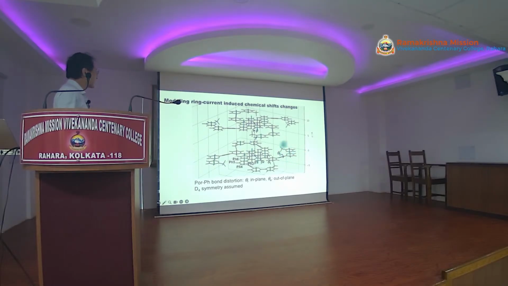This is a very classical method of predicting the chemical shift changes of these protons. What we do is put equivalent magnetic dipole moments on each one of the aromatic rings, and so we can calculate the effect of these aromatic rings on a particular proton.